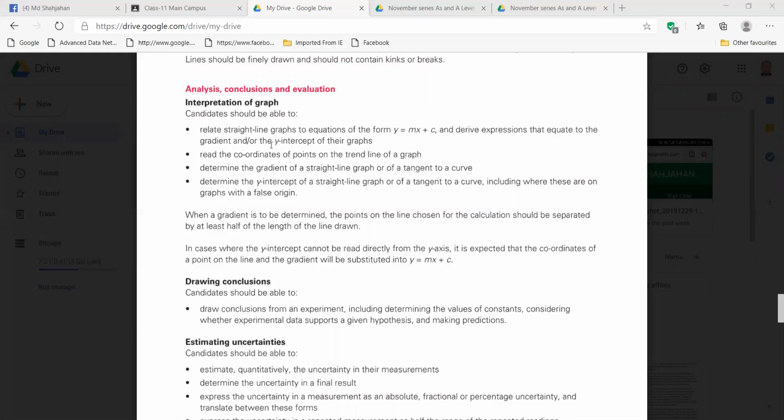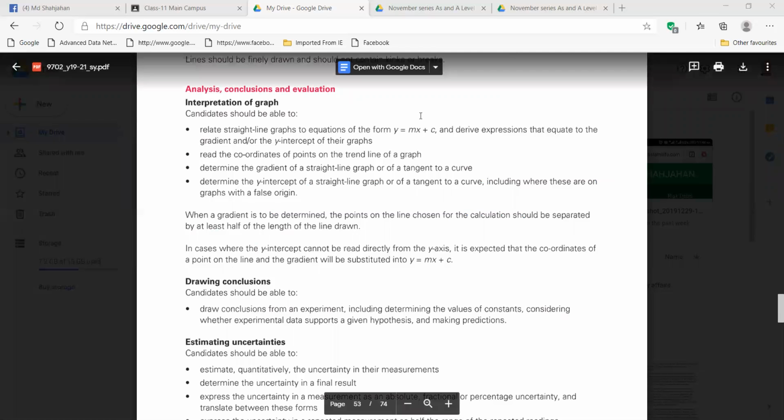Candidates should be able to relate straight line graph to equation of the form y equals mx plus c and derive expressions that equal the gradient and/or the y-intercept of the graph. Okay, so whatever we are getting, relate straight line graphs to equations of the form y equals mx plus c.